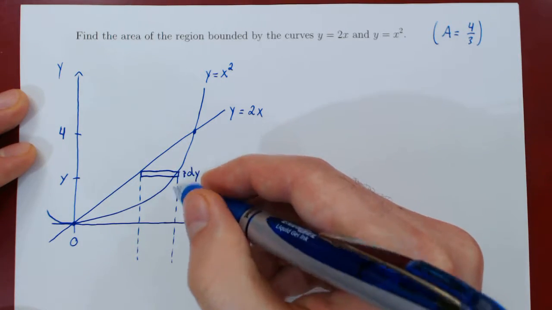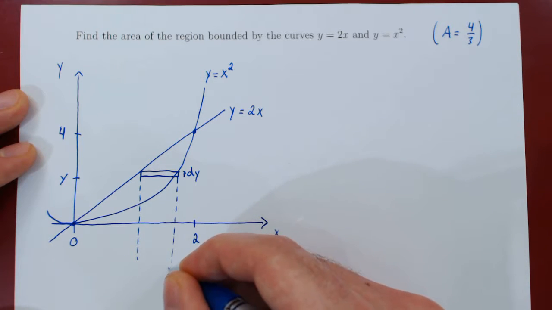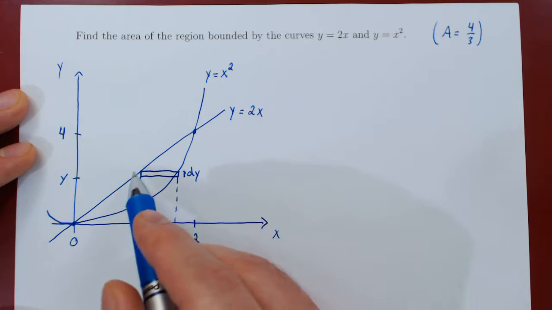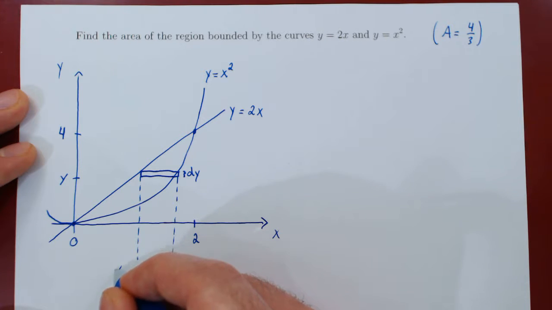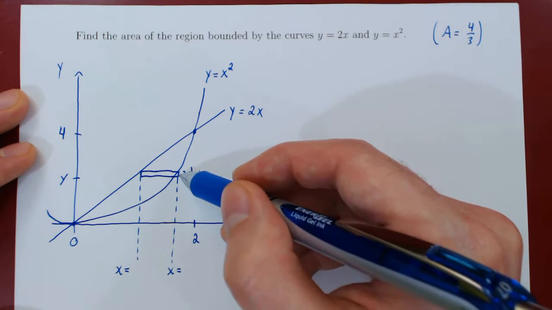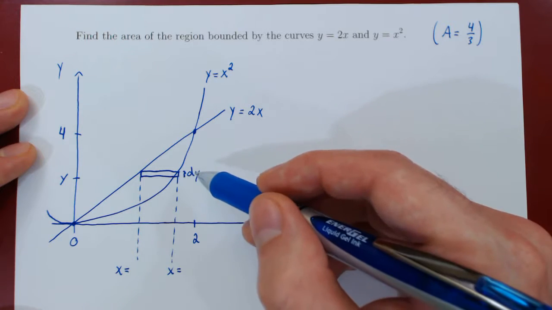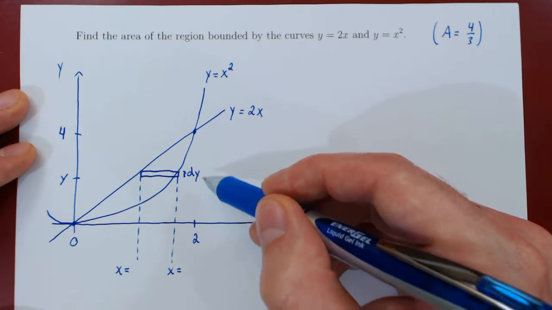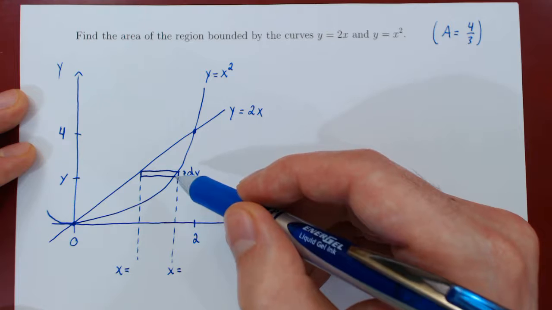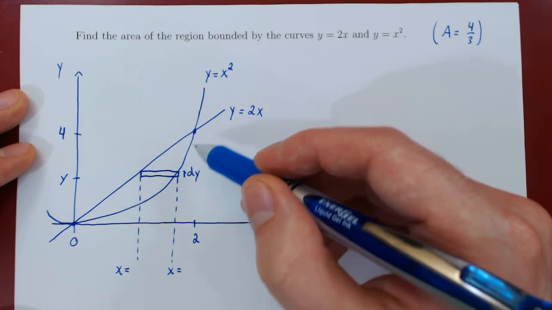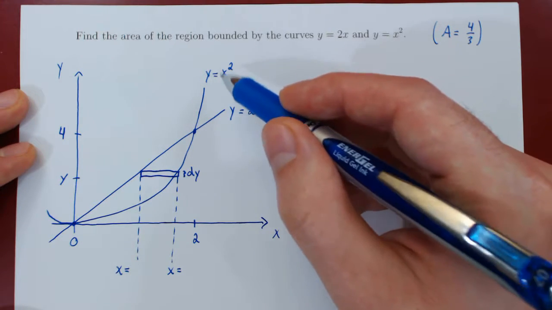So we have here the right-hand point, we need its x value, and we have here the left-hand point, we need its x value. And again, because we have here dy as the width of our rectangle, everything we measure must be a function of y. So at the right-hand point of our interval, we are on the curve y equals x squared.